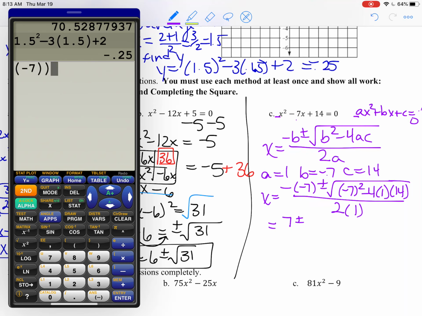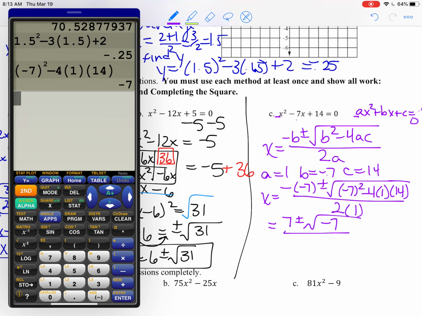So what's under the square root? It's negative 7 squared minus 4 times 1 times 14. And that gives me negative 7. Over 2 times 1 is 2.